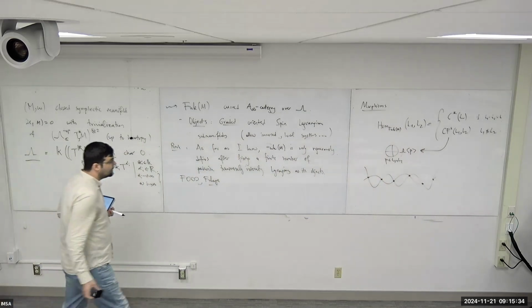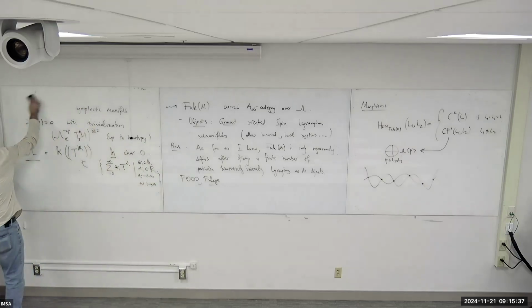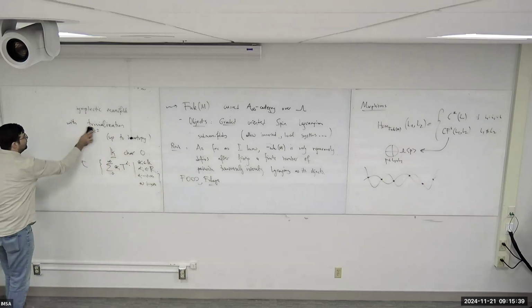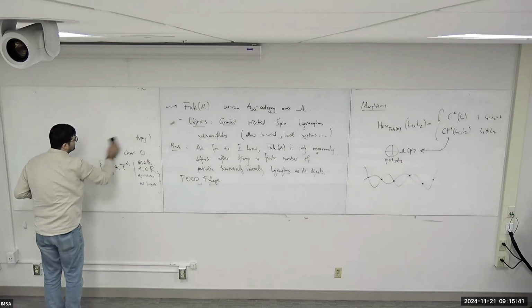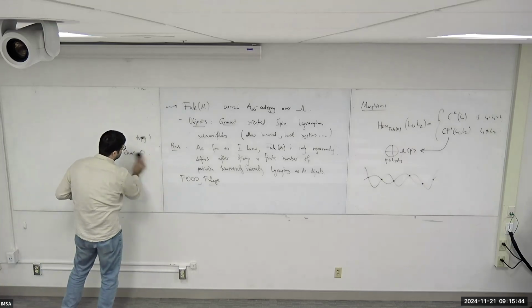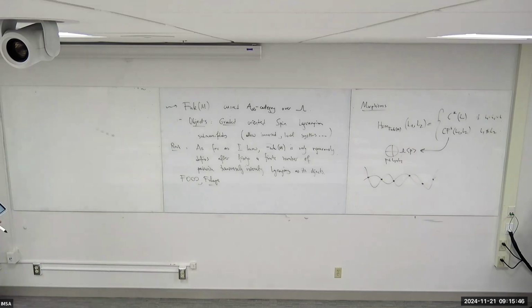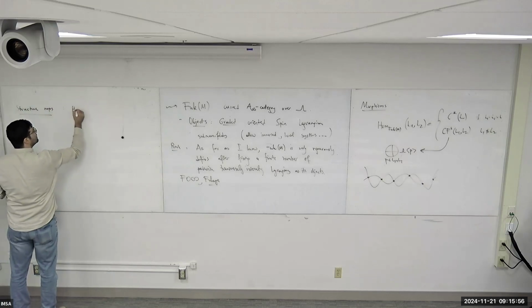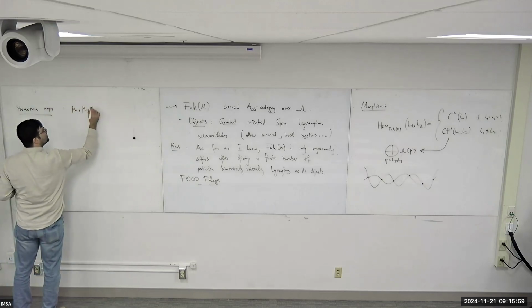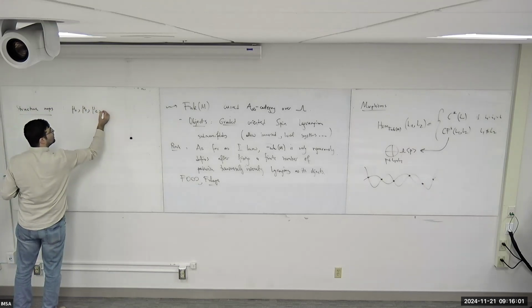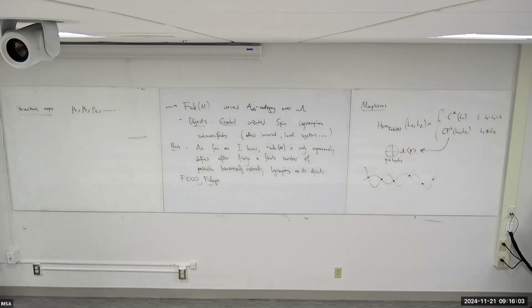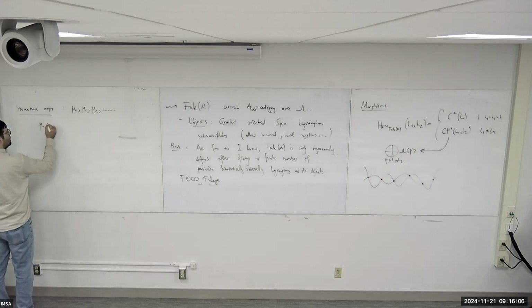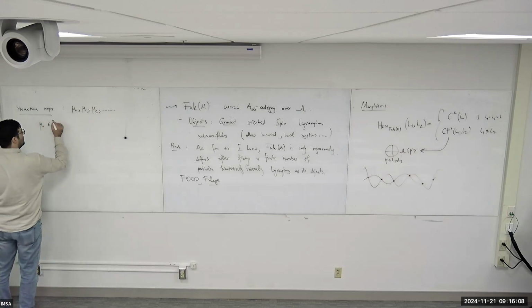Let me try to say that. Then there are structure maps. These structure maps are a sequence of maps like this. So mu zero is an element of this Hom.